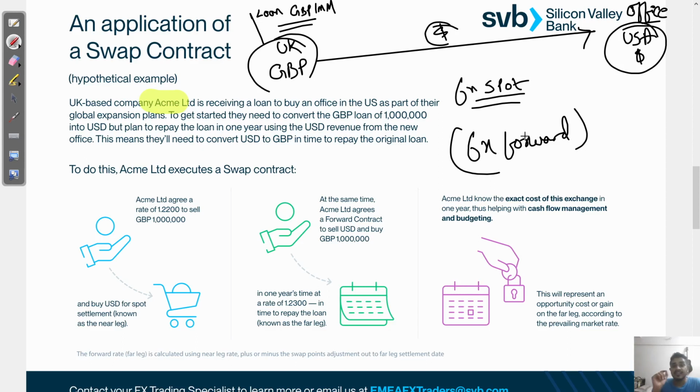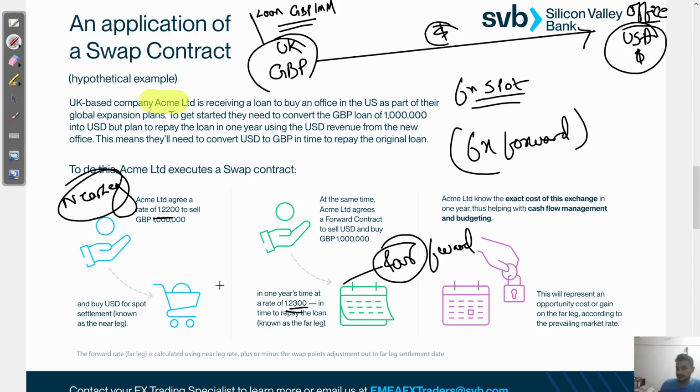That rate is fixed today, which is 1.23. So this is the far leg, that is the FX forward leg, and today's rate, wherein we are going to sell GBP and buy USD, this would be the near leg, right?